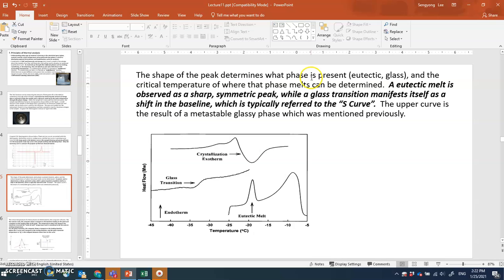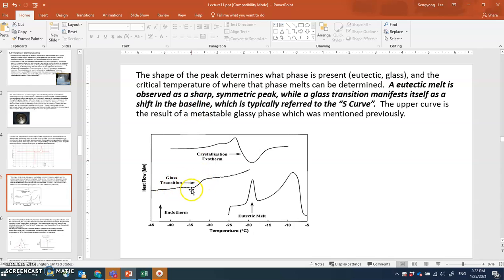The shape of the peak determines what phase is present, and the critical temperature at which a phase melts can be determined. So eutectic melt is observed as a sharp, symmetrical peak. So that's the eutectic melt, very sharp and symmetrical peak, while a glass transition shows up as a shift in the baseline.